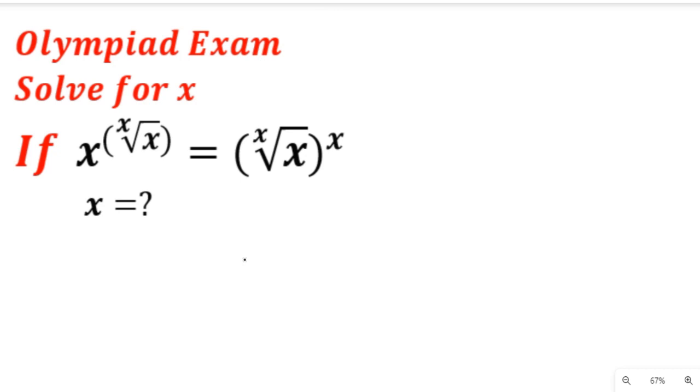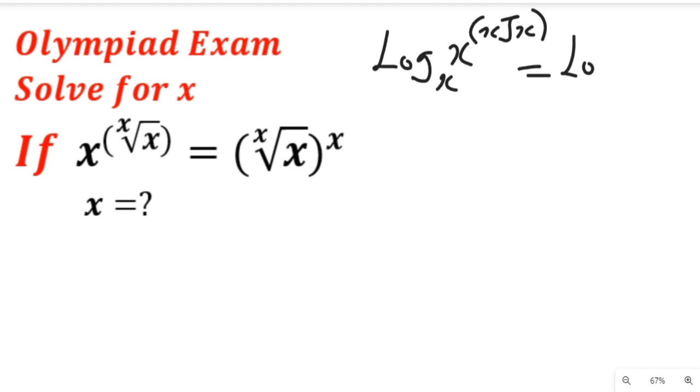To solve this question, all we need to do is to take the log of base x of both sides. If we take the log of base x of both sides, we are going to have log base x of x to the power of x, all to the power of the x root of x, equal to log to the base of x of the x root of x to the power of x.